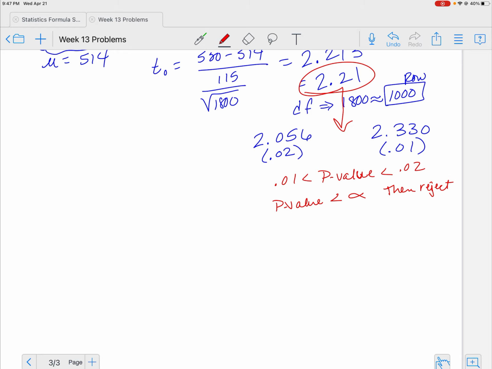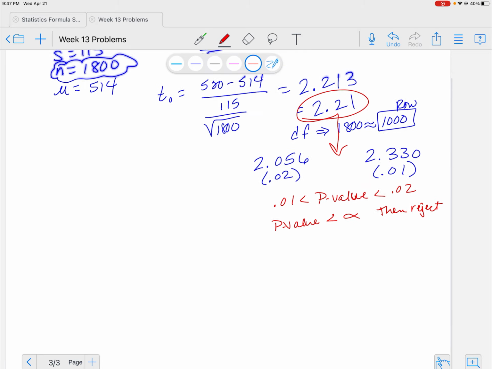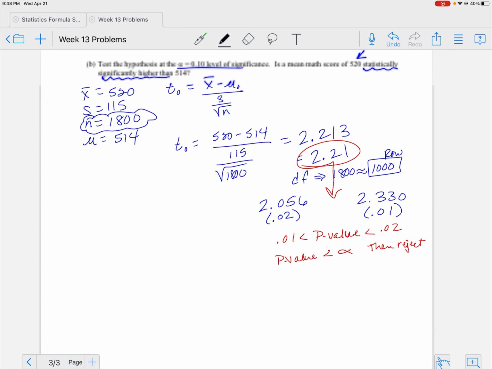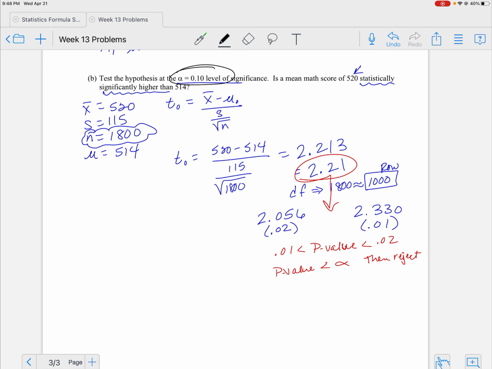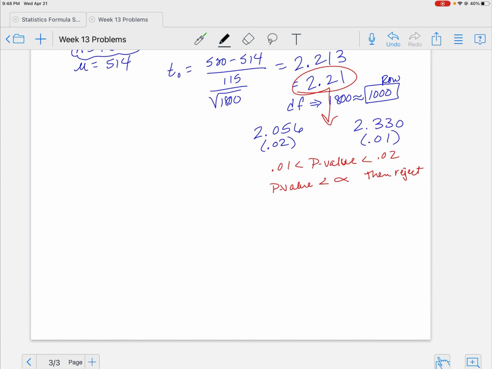So let's see what's happening. My level of significance here is 0.10. So my question is, is my p-value less than 0.10? Well, look at what I have.